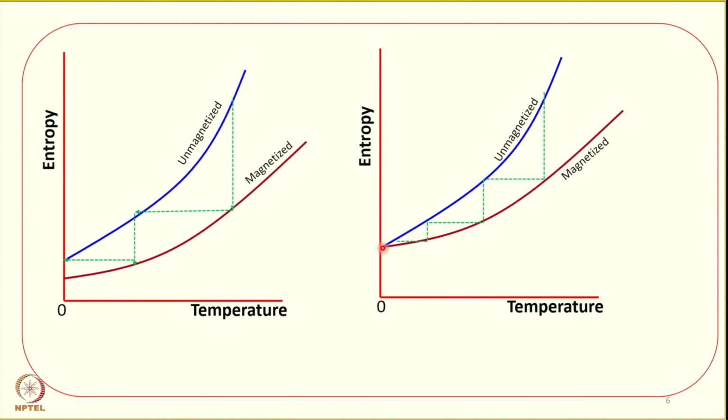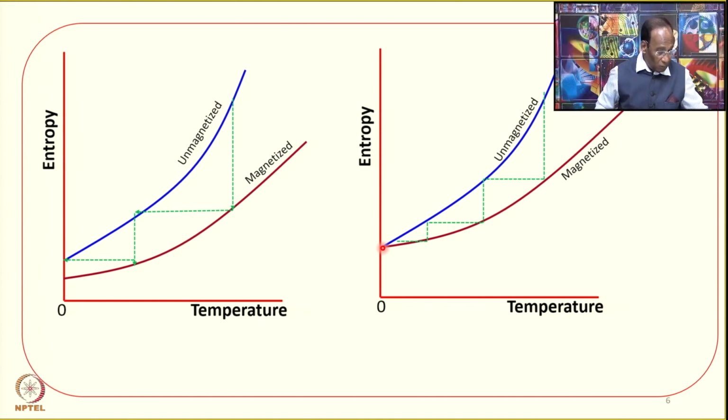That is why the alternate form of the third law of thermodynamics says that it is not possible to achieve absolute zero in a finite number of steps. But if you look at the left hand side figure, if the entropy temperature curve were to vary like this, so that they do not merge at absolute zero, then it is possible to achieve absolute zero in a finite number of steps.